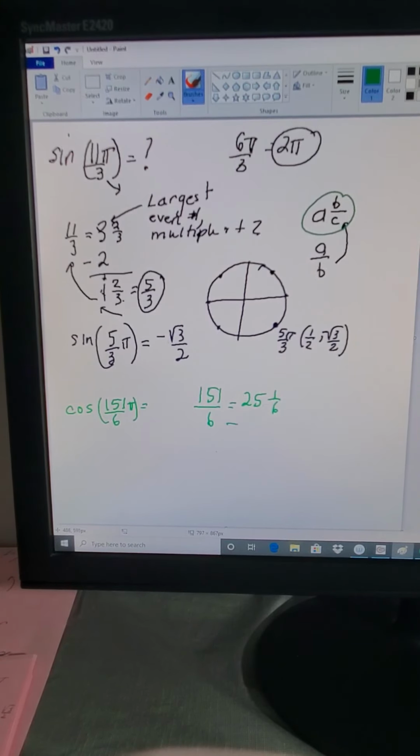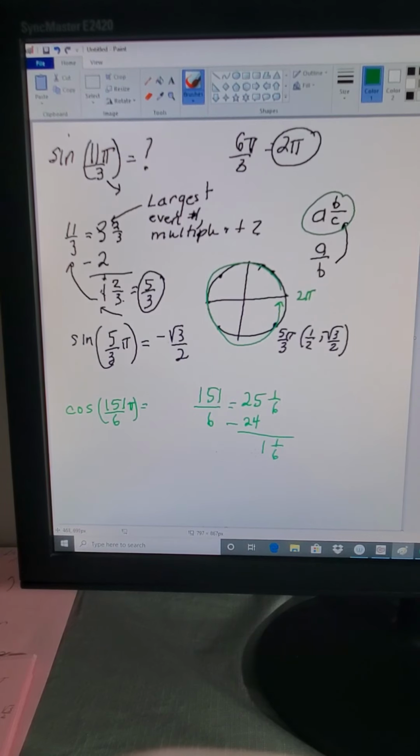Then we want to remove the largest multiple of 2, because every 2 pi is a turn. 4 pi, another turn. 6 pi, another turn. 8 pi, another turn, and so on. So all you have to do is, whatever number this is, if it's odd, it's 1 less. So we have 1 and 1/6.